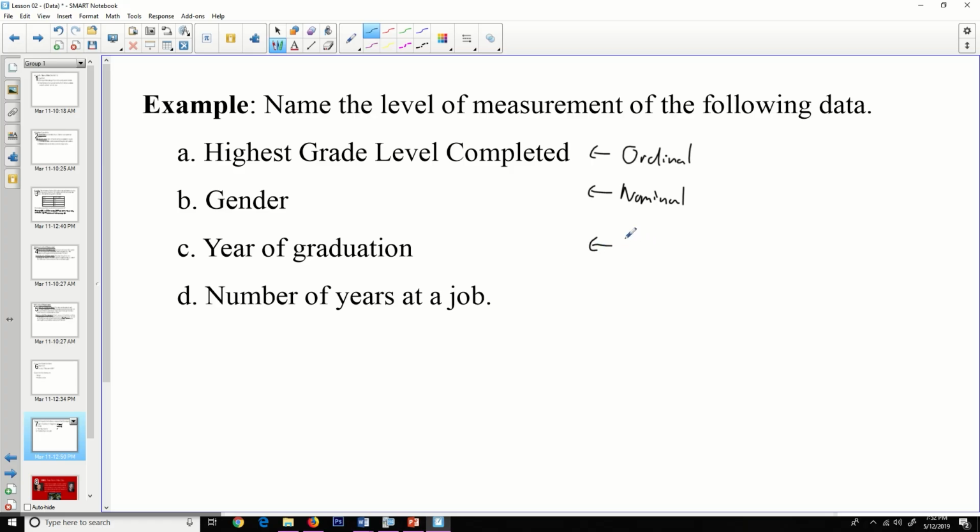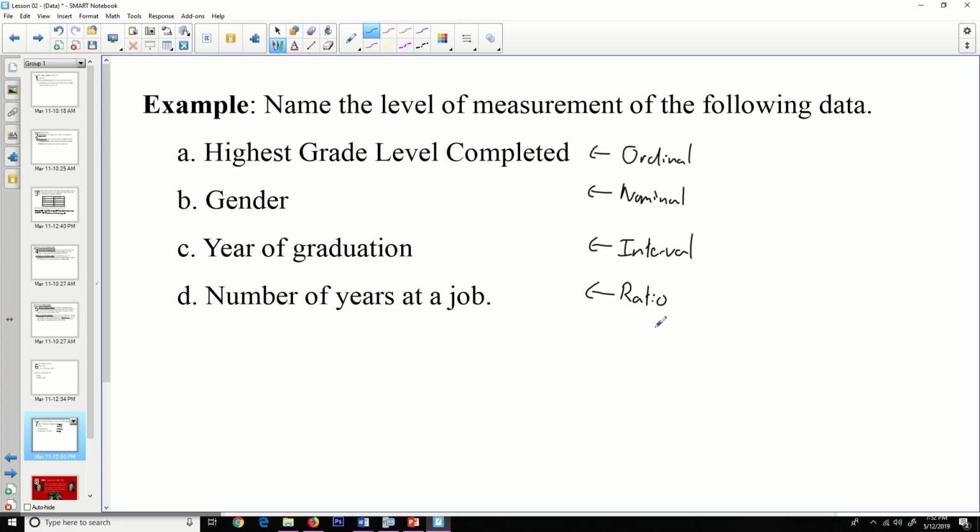Year of graduation. We kind of talked about that before. That is going to be interval because year of graduation doesn't have an inherent zero, whereas this last one is going to be ratio because for number of years at a job, you can say that I have 0 years at the job, and that's not positional.